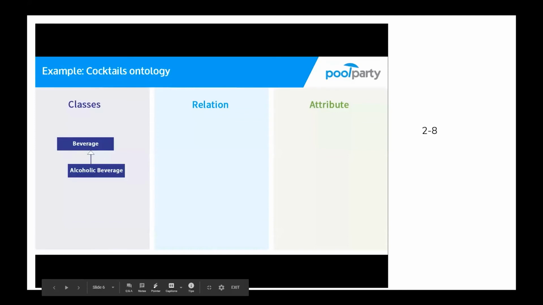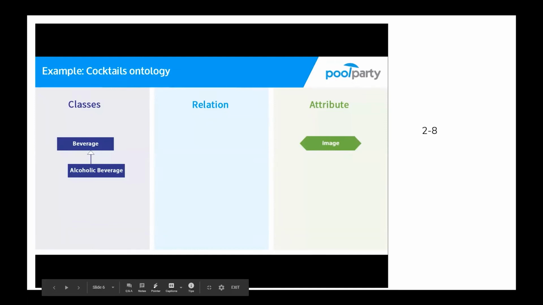If we go back to our example, we could now add attributes to each of the classes we have defined. We could, for example, create an attribute for beverage that is called image. It could be that you would like to use this field to link your concept to an image of that concept that is stored somewhere else.